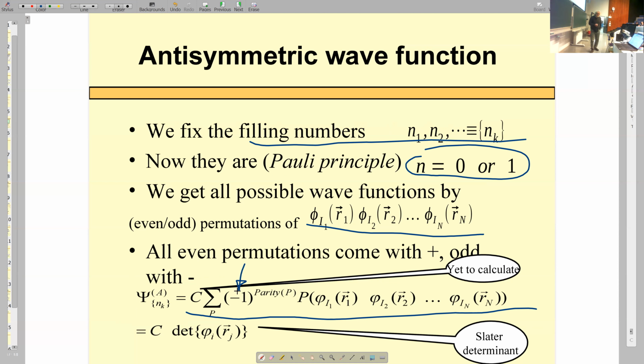It appears to be the Slater determinant. We have a matrix with indices: particles and levels. It's a square matrix because there's only one particle in each level. The number of particles and the number of filled levels is the same, right? And we take a determinant of this.